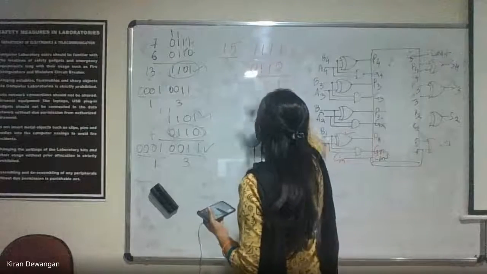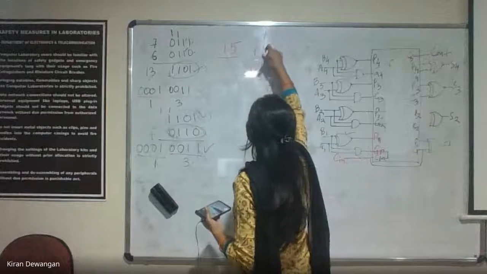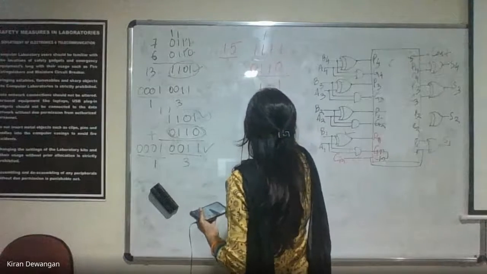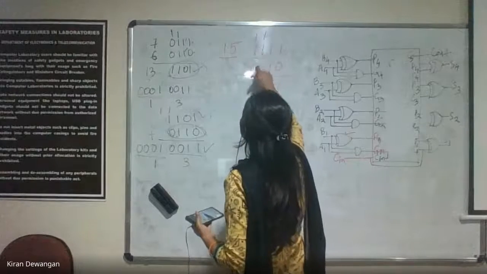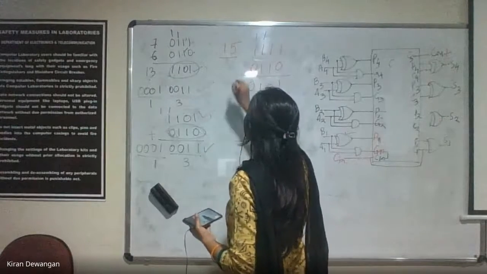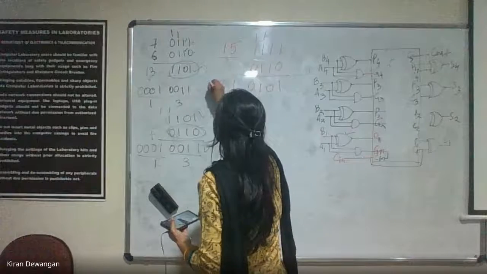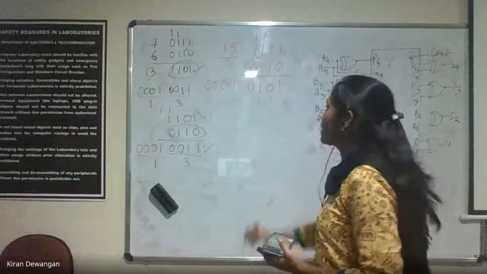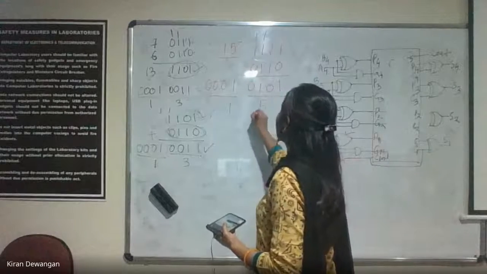1 plus 1 is 0. 1 is carried. 1 plus 1 plus 1 is 1. 1 is carried. 1 plus 1 plus 0 is 0. 1 is carried. And we can add 3 zeros this side. Now what is this? This is 1 and this is 5.